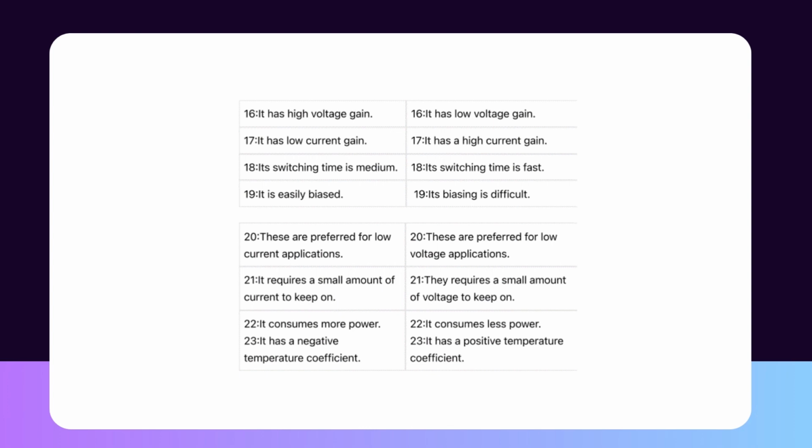The BJTs are preferred for low current applications while FETs are preferred for low voltage applications. BJT requires a small amount of current to keep on. The FETs require a small amount of voltage to keep them on. The BJT consumes more power and has negative temperature coefficient, while FET consumes less power and has positive temperature coefficient.